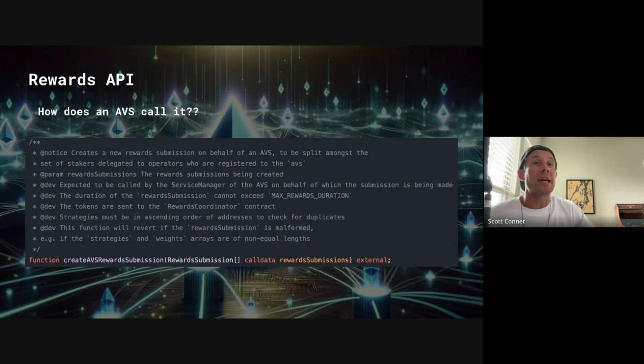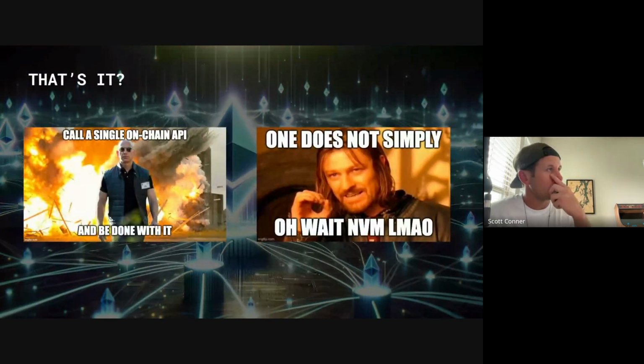It's very nice to have telegraphed, hey, I've escrowed $50 million worth of my token over the next 30 days here. And so then people can log on to the website and see the rewards that are coming. So really, if you wanted to use this, you upgrade your service manager contract and call a single function once every 90 days, and you're good to go.